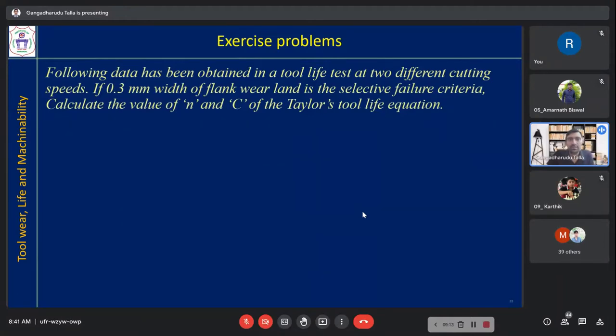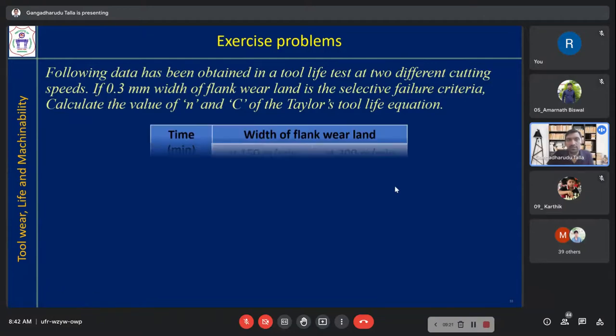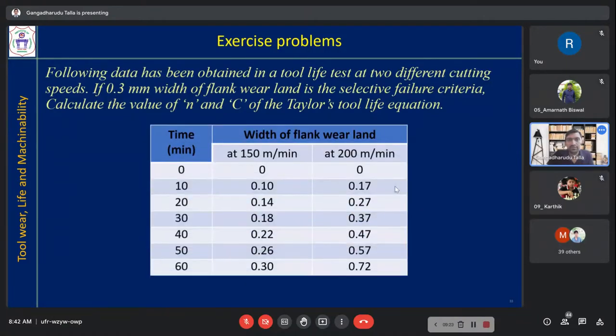So some experimental data is given. 0.3 mm width of flank wear land is selected as the failure criteria. This is a standard thing only. Now this is the data.